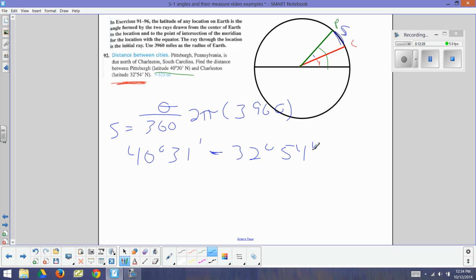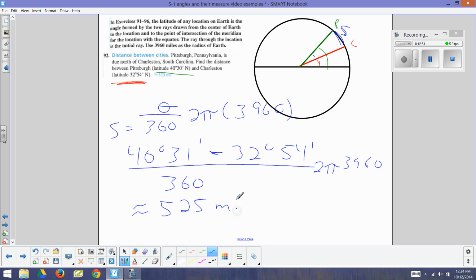You can put 40, then second button, angle, and find degrees, and then write 31, and then do that same button and find the minutes. Then 2 pi times 3,960. You put it in your calculator, and you'll get about 525 miles between the cities.